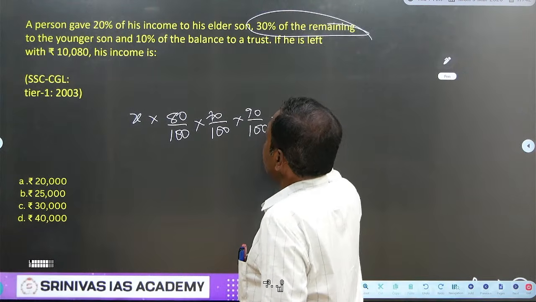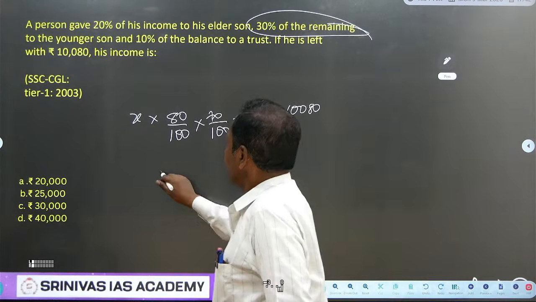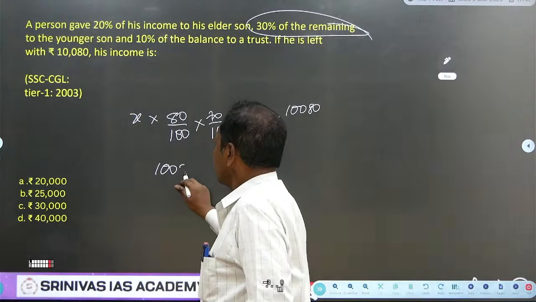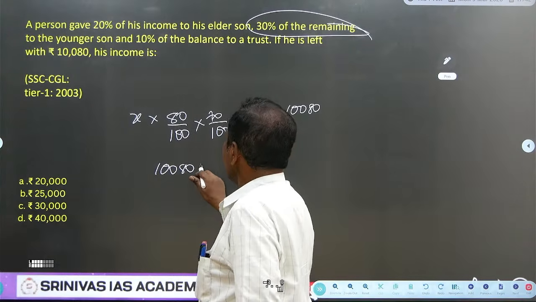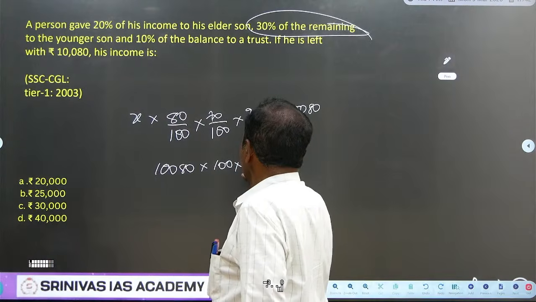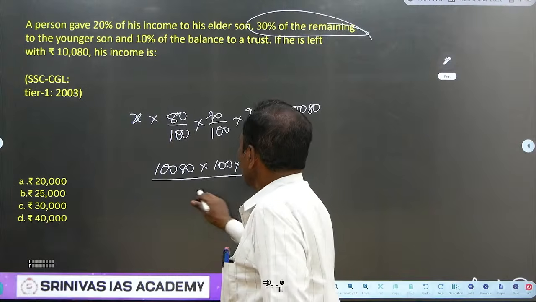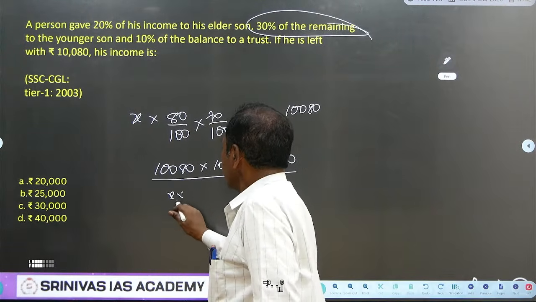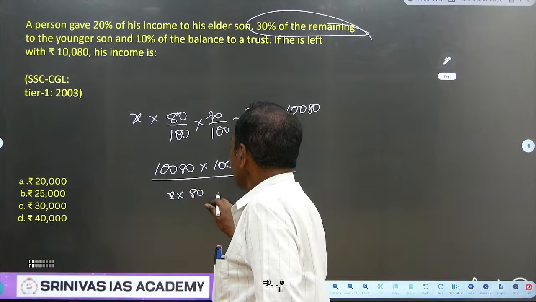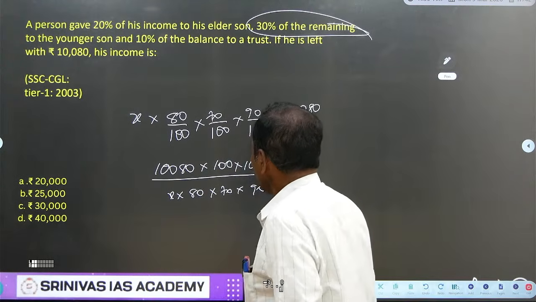That is what he is left with. It means 10,080 into 100. Somewhere I went wrong there. Divided by X into 80 into 70 into 90.